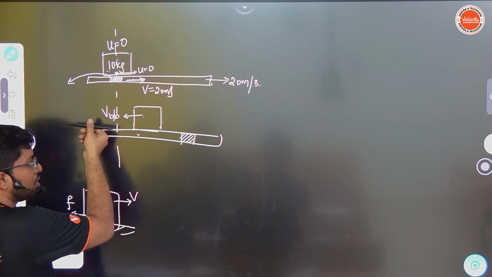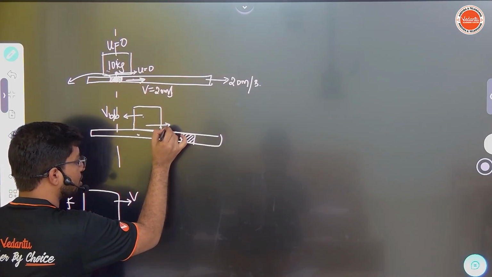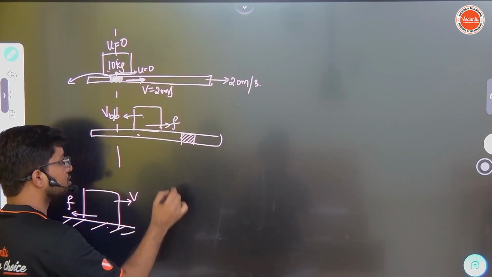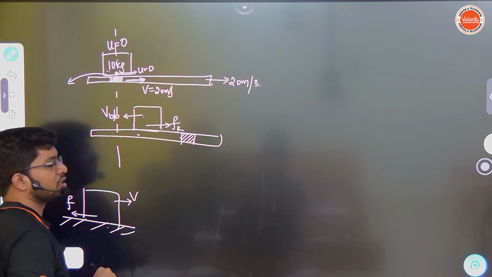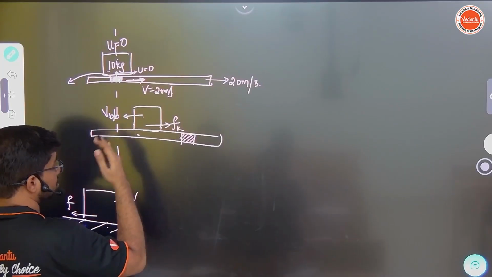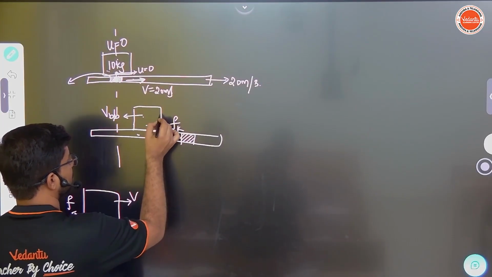If this is the velocity of the block with respect to the belt, then friction on the block should be acting in the forward direction. Understood? So this is your kinetic friction. Clear?